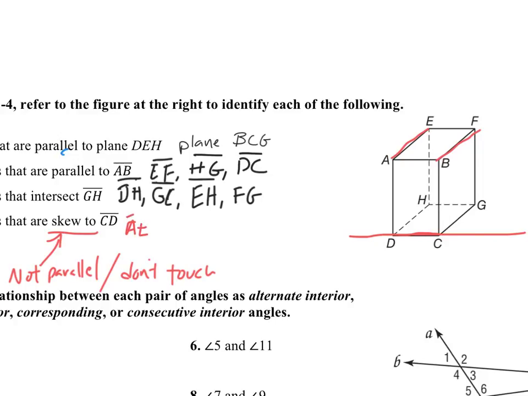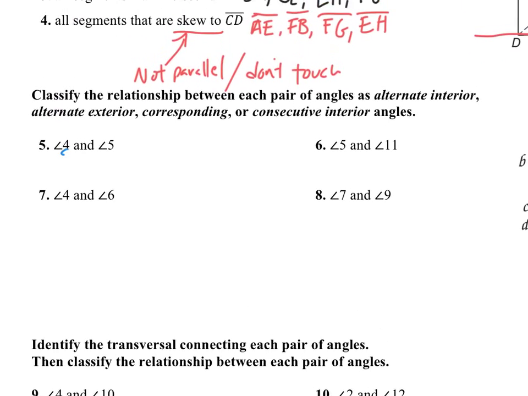So AE is one, FB is another, and then FG is not parallel and it won't touch, so FG as well, and then EH is another. So it's just using those definitions we'd written in part 1 of the video and then answering the questions. All right, let's take a look at the next few.